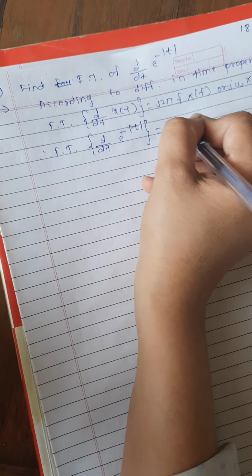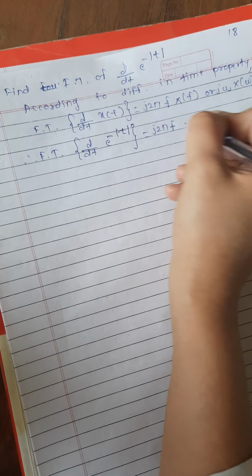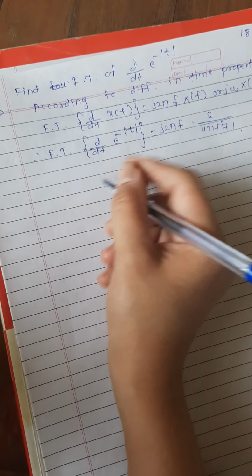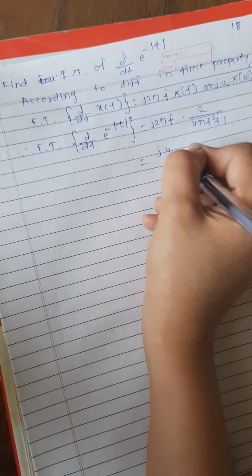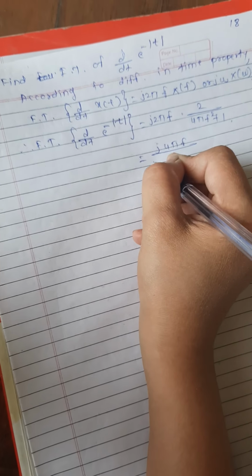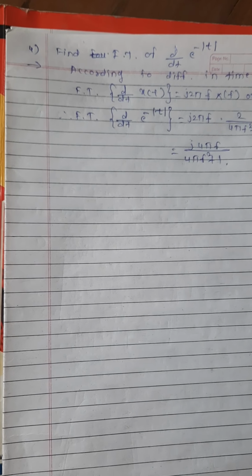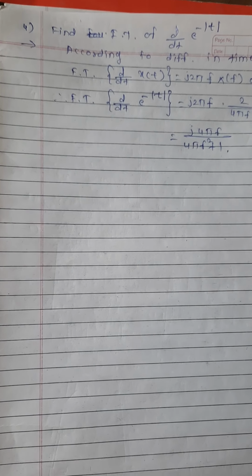So it is j2 pi f into 2 by 4 pi f square plus 1. We can write j 4 pi f by 4 pi f square plus 1. So this is the Fourier transform of the given function.